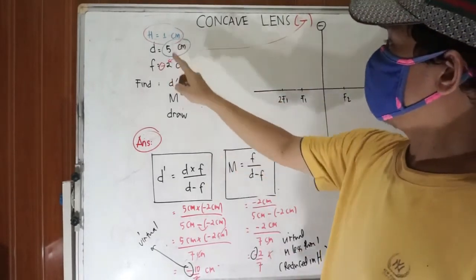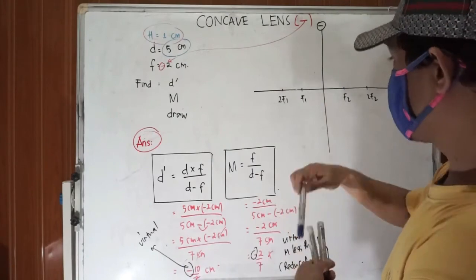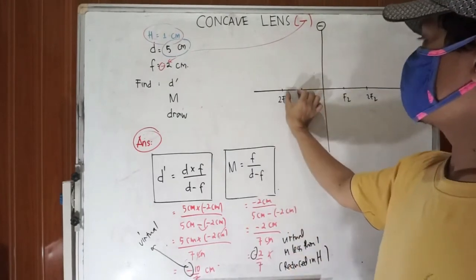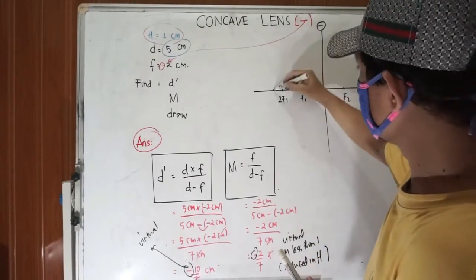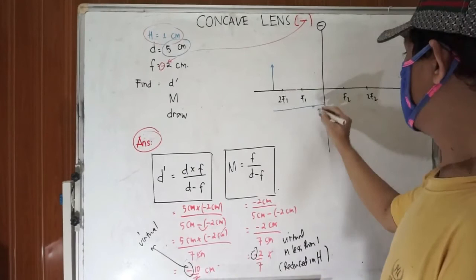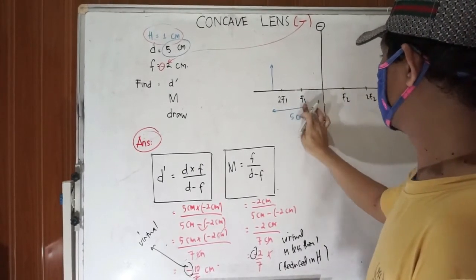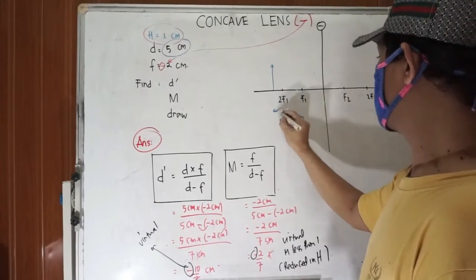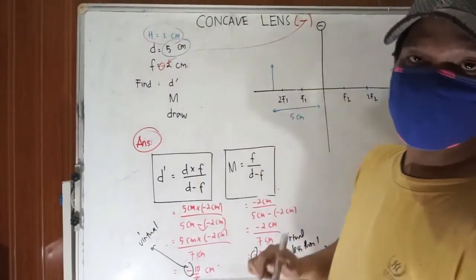Now the distance is 5, so the distance 5 is around here. 2 centimeter, 4, so around here, 5 centimeter. Distance 5 centimeter.